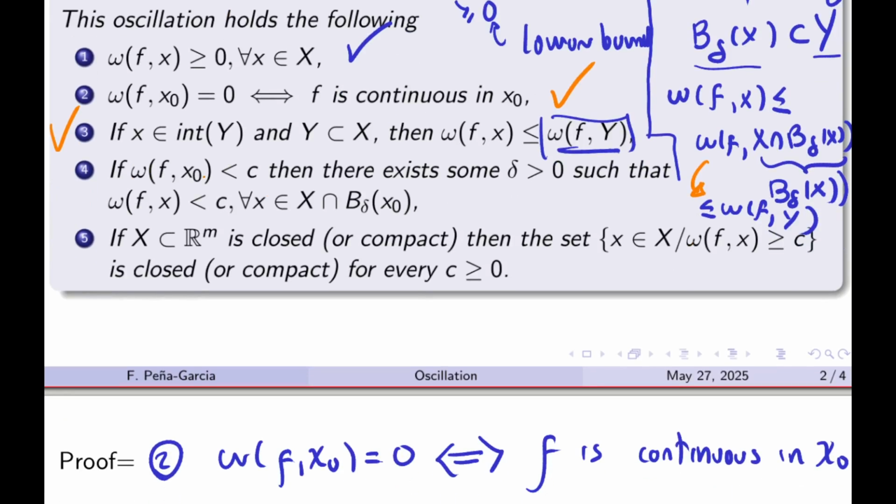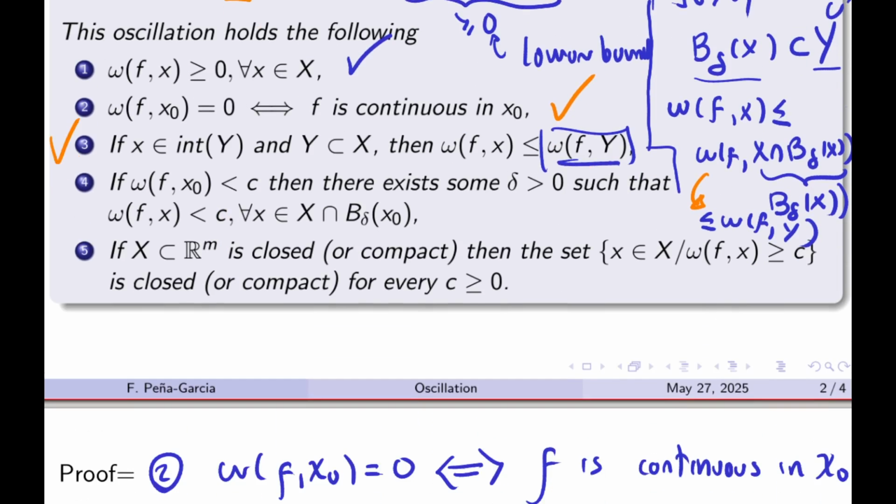For the fourth property, let's say what we have here, that the punctual oscillation is smaller than some positive constant, then there shall exist some positive delta such that the punctual oscillation of any point in some neighborhood of x naught is smaller than that same constant.